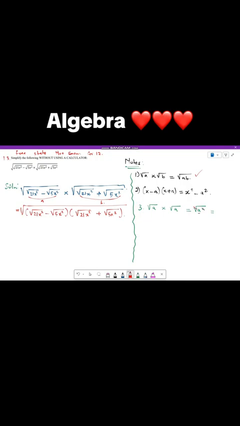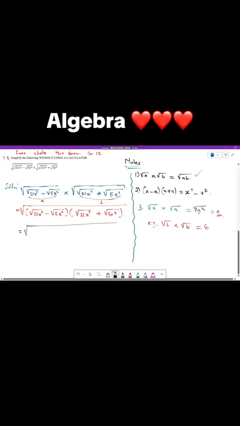So these undo each other, and our answer will be a. That is the same as the square root of 6 multiplied by the square root of 6, which should be 6. Let's see how things are going to transpire.